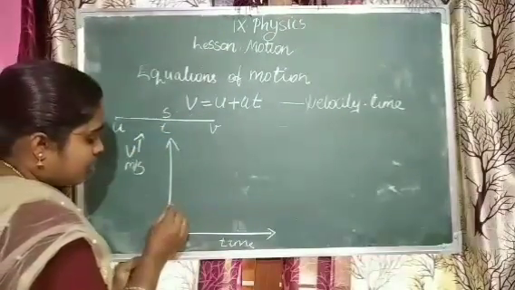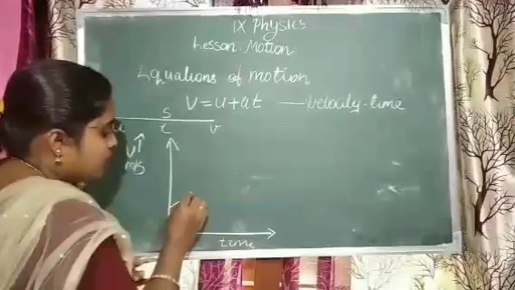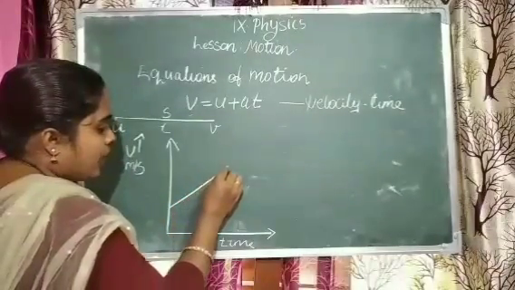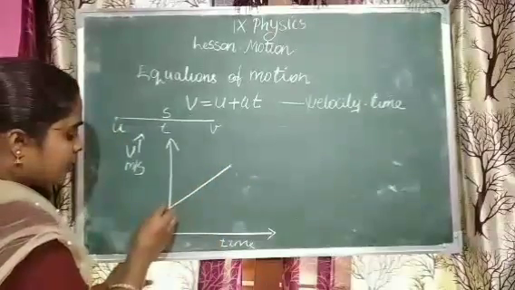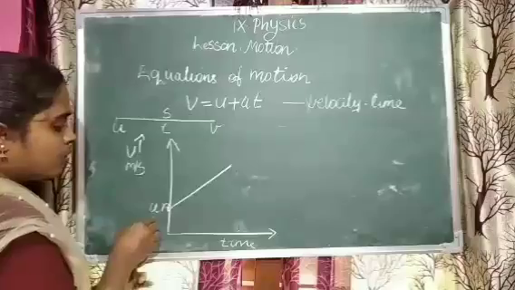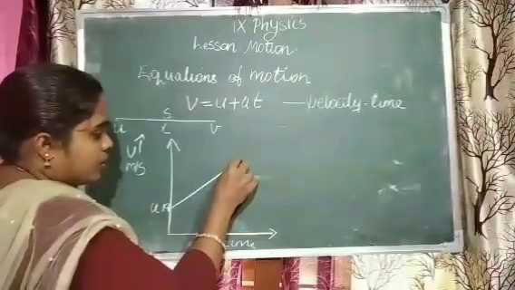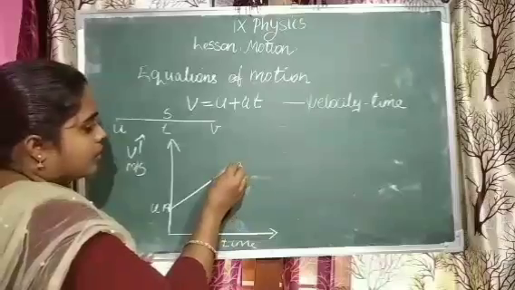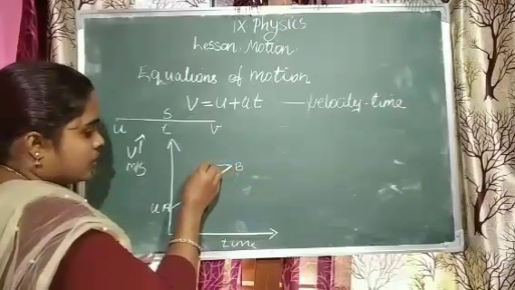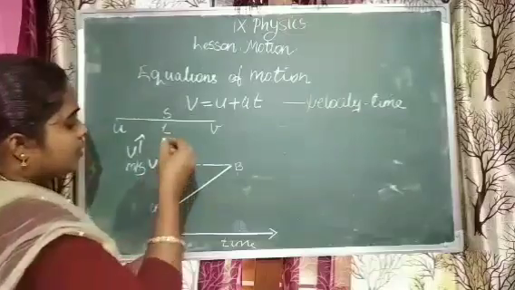Let us consider the object starting from the point A with an initial velocity u. After the time interval, the object reaches the point B and the velocity is v, and we can mark this point as E.